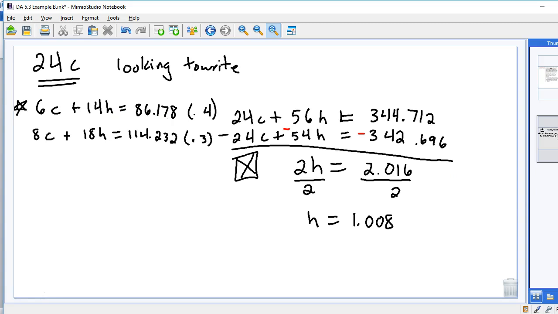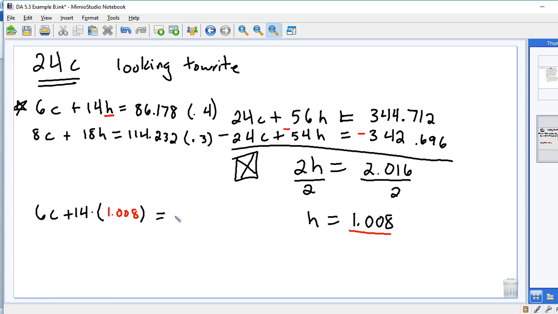All right? So now I'm going to plug this 1.008 into this H and solve for C. So I'm going to use that equation. So I'm going to do it over here. So I have 6C plus 14 times 1.008.